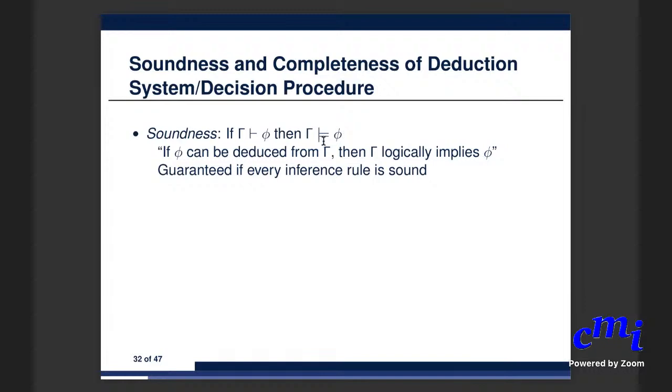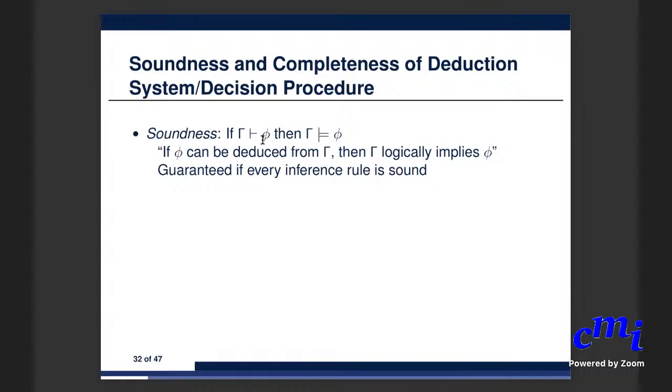In the sense that if it can be deduced from gamma, then gamma should logically imply phi in the semantic way that I defined, based on models. Okay, so that's what I mean.